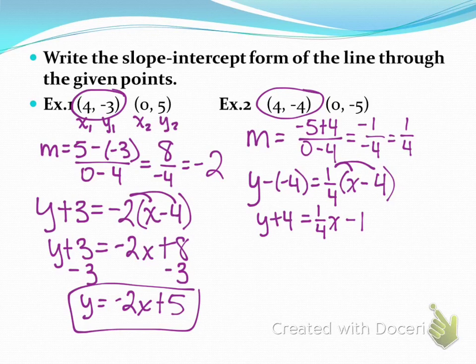Okay, so we simplified it and distributed all in the same step. Carl? Good. Our last step is to get y by itself. So we subtract 4 from both sides. We have y equals 1/4 x minus 5. Very good.